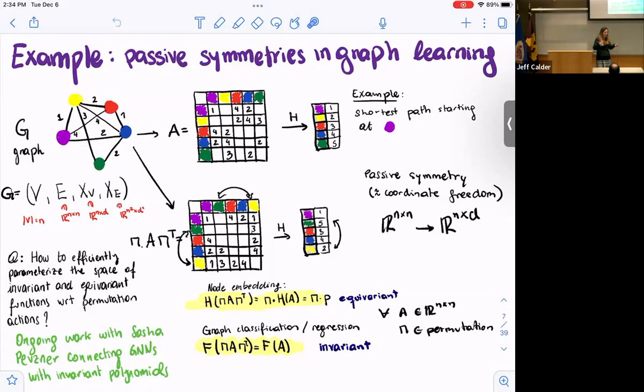In order to separate non-isomorphic graphs, you may need to have many parameters, and that would make something that is not very efficient for machine learning. So there's a question of whether you can have a class of functions that is expressive enough that it can separate orbits, and that you can also implement efficiently for machine learning. There are many questions in that space, and there's a very natural connection between graph neural networks and invariant polynomials, which is what Sasha and I are working on together, right?